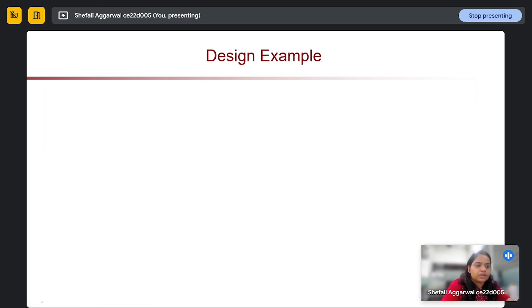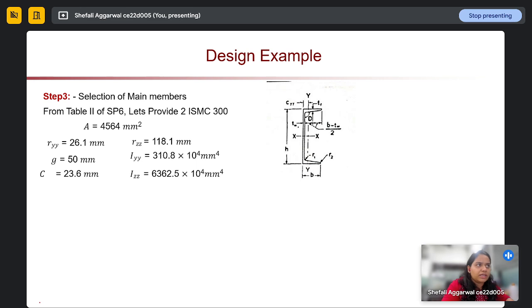Third step is, from this area, we can choose a C section. From SP6, Table 2, you can choose any C section of your choice which will match the area you calculated previously. From this table, we are choosing ISMC 300. The area is 4564 mm square.